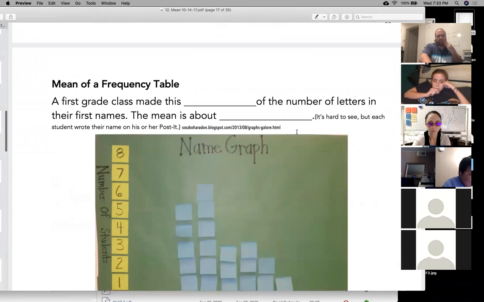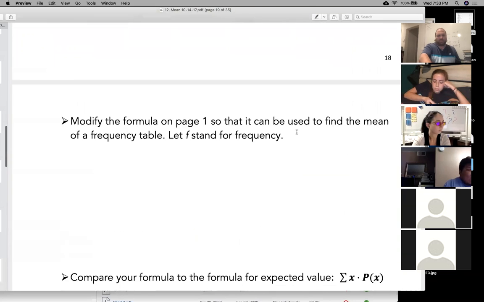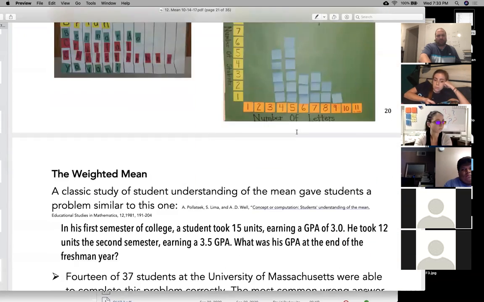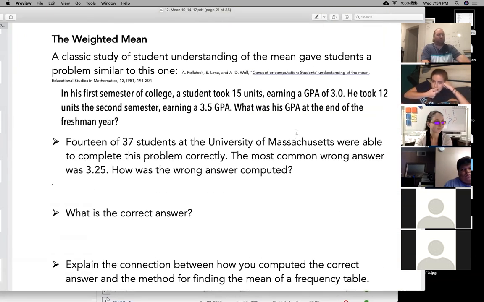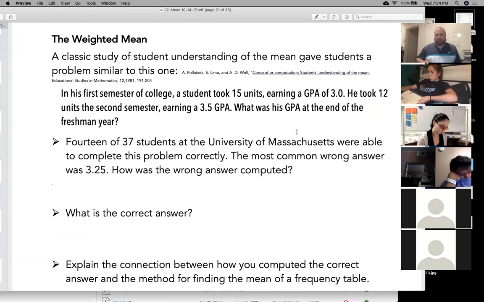Now some examples. And more mean stuff. And then there's the weighted mean. We did one example of the weighted mean. It wasn't a big one, but we did one example where you want to average values, but one value might be worth more than another. It's like if I give a test in my class and I say, this quiz is worth double, then you can't just say, oh, I got a 10 on one and 20 on the other, so I got a 15, because it's worth double.